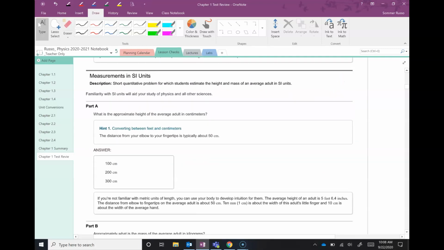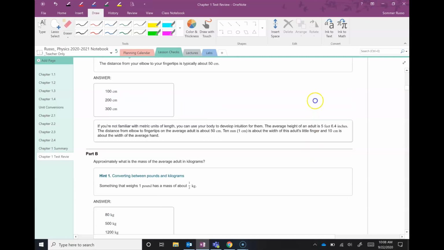So this is about converting some units. The average height of an adult is about 5.5 feet. As a result, you can look at that in centimeters. That was just an approximation one.